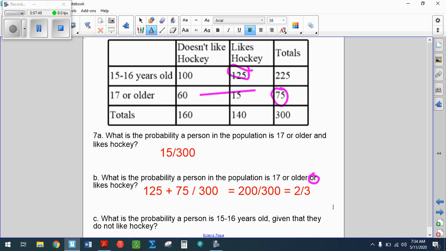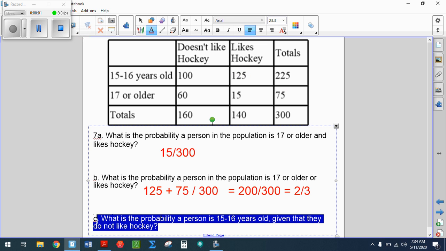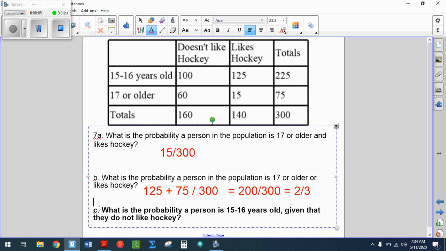C says, what is the probability that a person is 15 to 16 years old, given that they do not like hockey? And I'm going to see if I can put this one in bold, since it's our conditional probability question. So our condition is given that they do not like hockey.